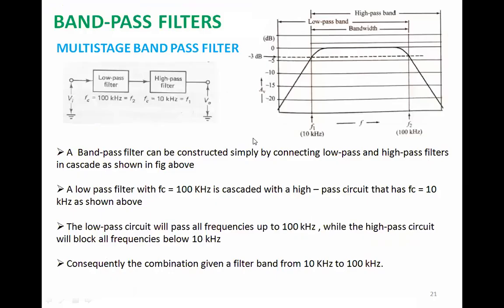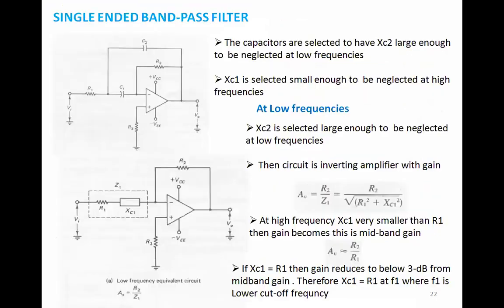In our upcoming class, we will be looking into band pass filters and band stop filters. We have seen low pass and high pass both in first order and second order. Now the only thing that is left out is band pass and band stop. So we will also be looking into these few concepts in our upcoming classes.